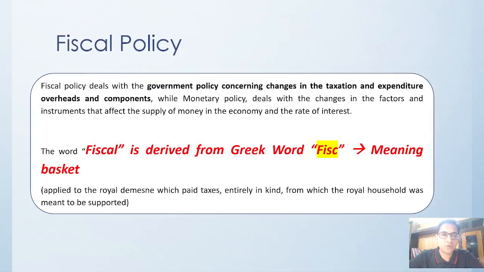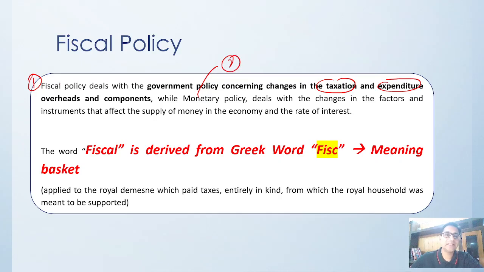Now we are moving towards the meaning of fiscal policy, because people always ask what is the meaning of fiscal. Fiscal policy is a government policy regarding taxation and expenditure. Sometimes people get confused between fiscal policy and monetary policy.